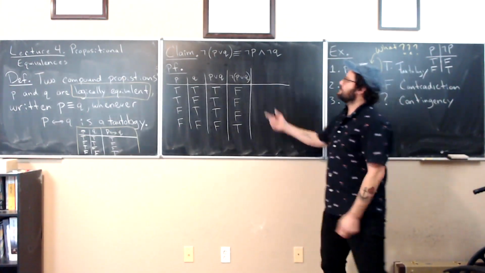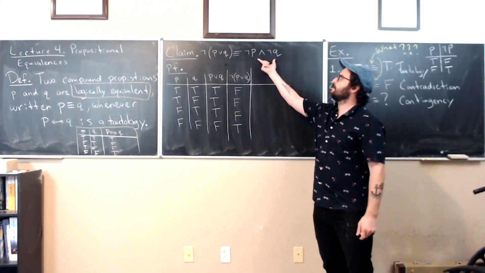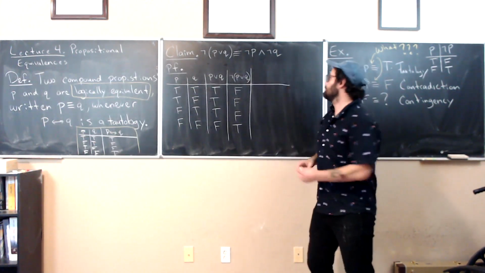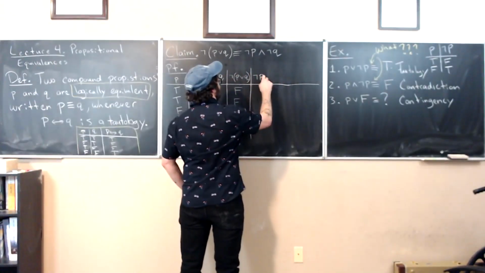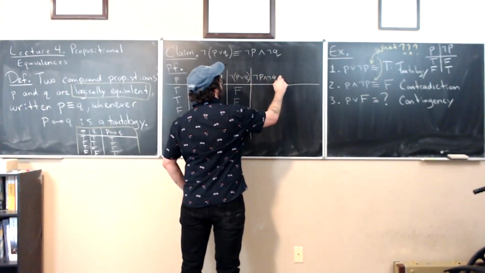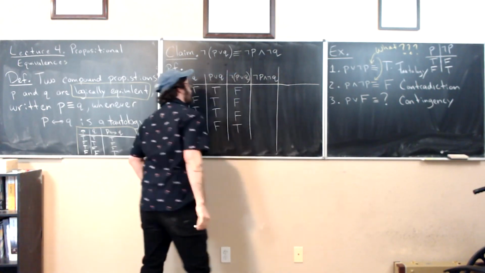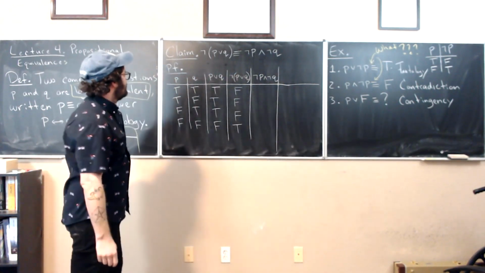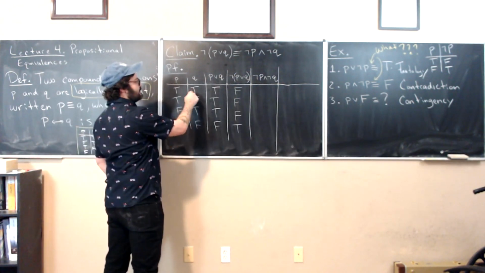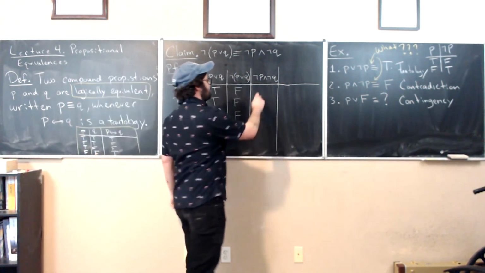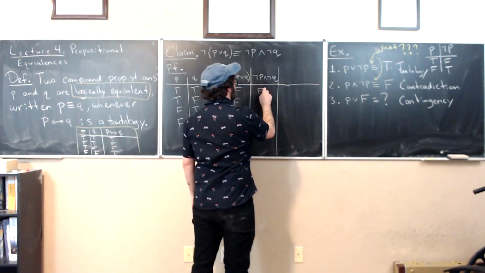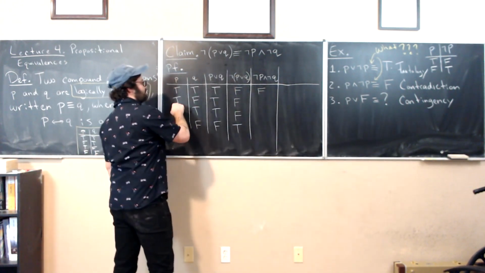So what's left is we need to look at the column associated with this right-hand side. So we have not P and not Q. False and false would give us an entry of false. False and true.